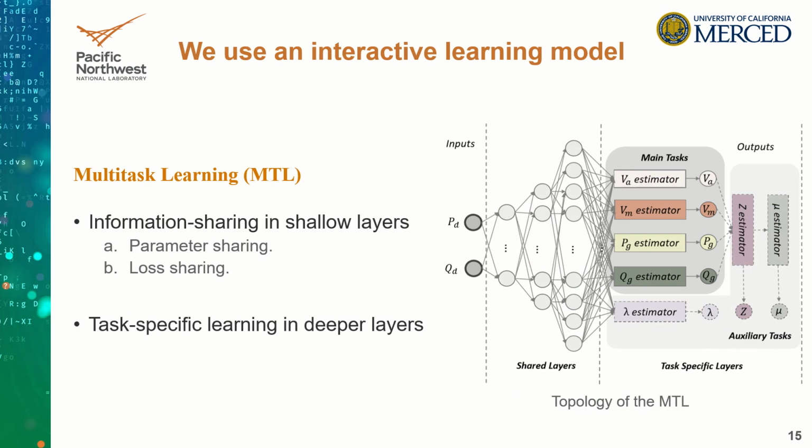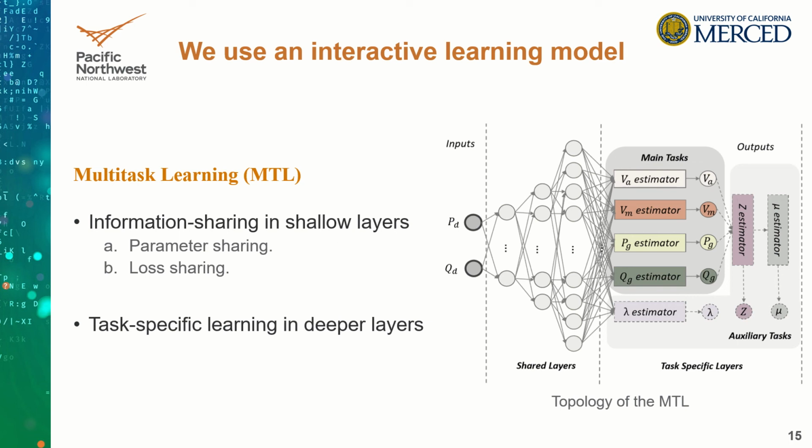So based on the property of diversity and dependency, we introduce an interactive learning model in which we will use our multitask learning model as our basis and develop a domain-specific design on the multitask learning model. The multitask learning model will take some fully connected neural networks in the shallow layer to enable the information sharing between tasks.